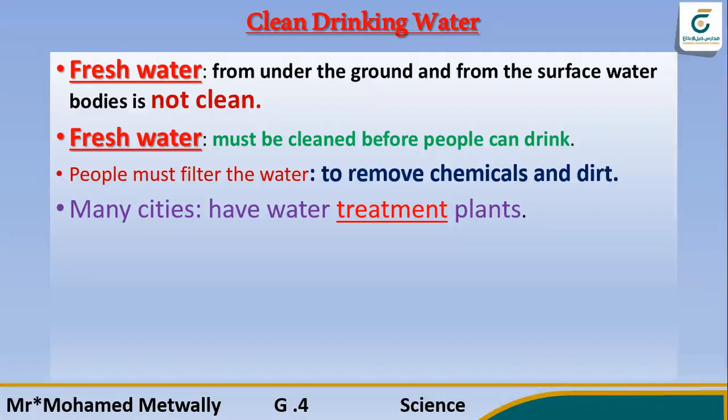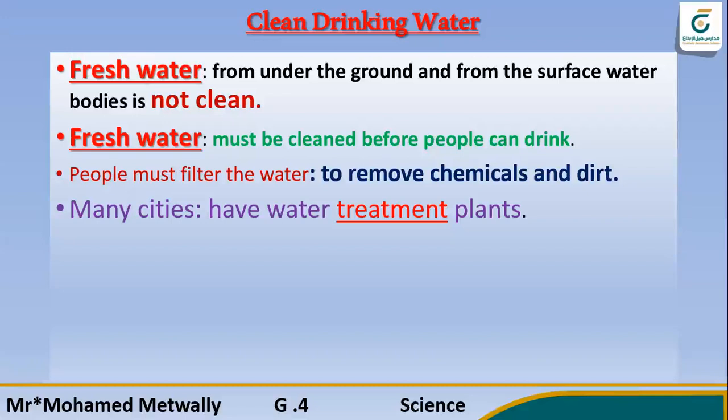Germs are microorganisms like fungi, viruses, and bacteria. These germs could make people sick. When you drink water that is not clean, you may get sick because of germs inside the water.